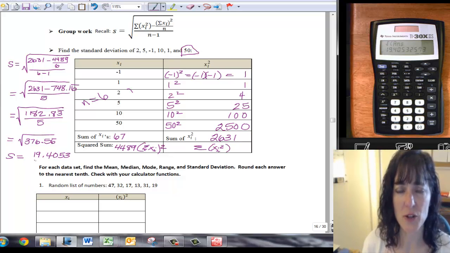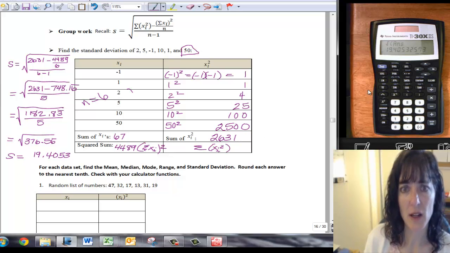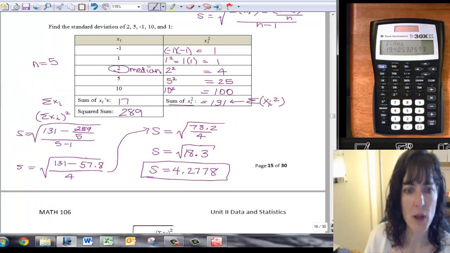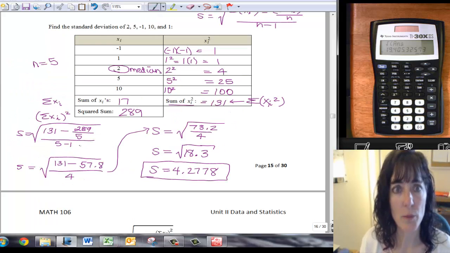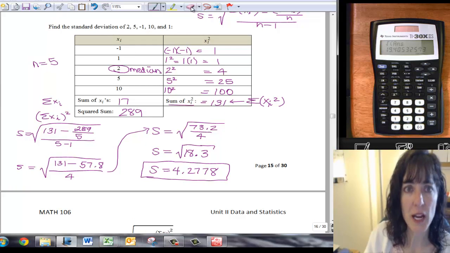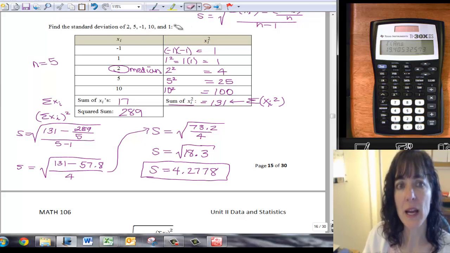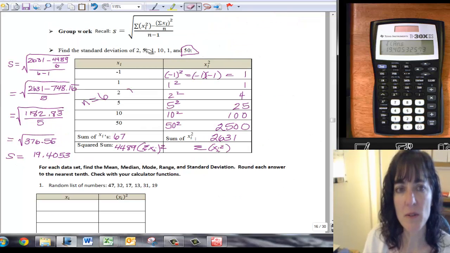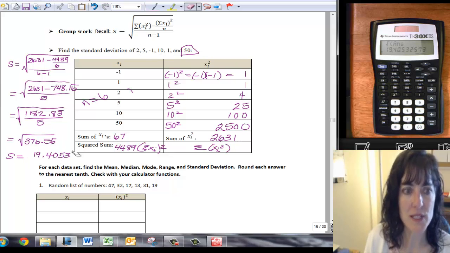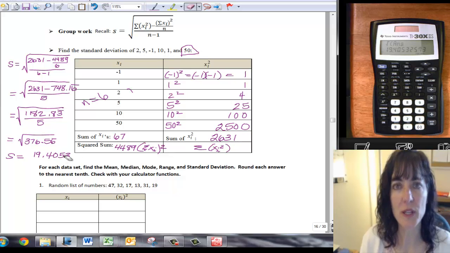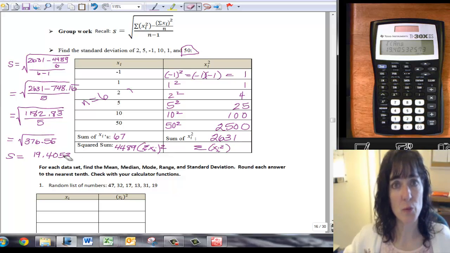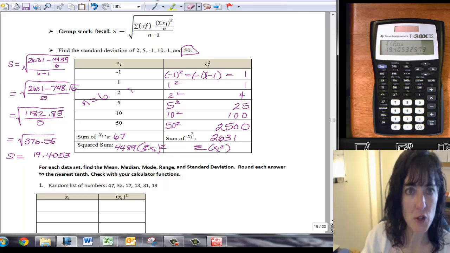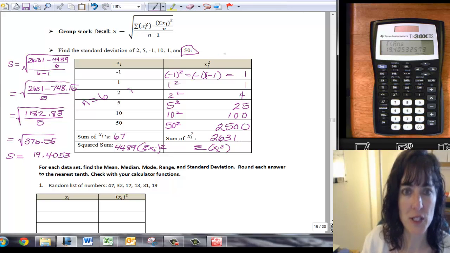Now look at my standard deviation, it's 19. And on the previous problem, my standard deviation was 4. Remember, all I changed was I used all these exact same data values, and then I put a 50 on there. And the 50 is nowhere near these values. So what happened was my standard deviation got really large because it's saying your data is really spread out. That's something to notice, because that's what our standard deviation tells us.